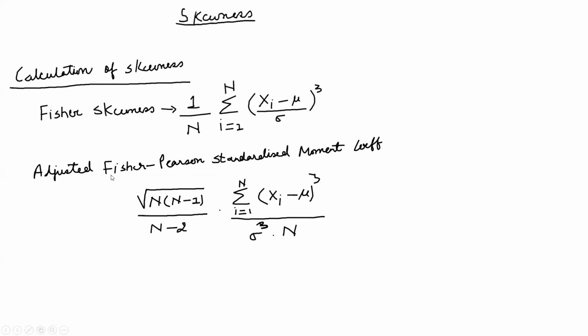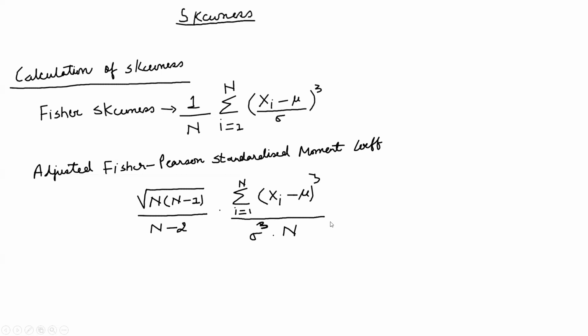Then we have the adjusted Fisher-Pearson standardized moment coefficient. This is given by the square root of n multiplied by n minus 1, where n is the sample size, divided by n minus 2, multiplied by the summation from i equals 1 to n of xi, where xi represents each data point value, minus mu, the mean, raised to the power 3, divided by the standard deviation raised to the power 3, multiplied by 1 over n.